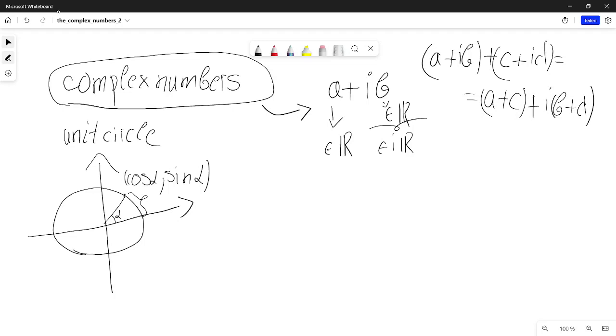And we have an additional assumption like that. Other than that, all the basic arithmetic laws work with these objects. That will be complex numbers.